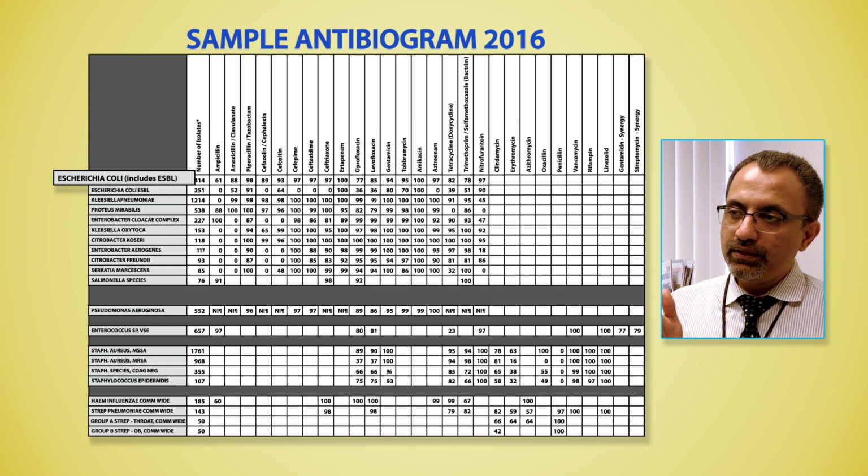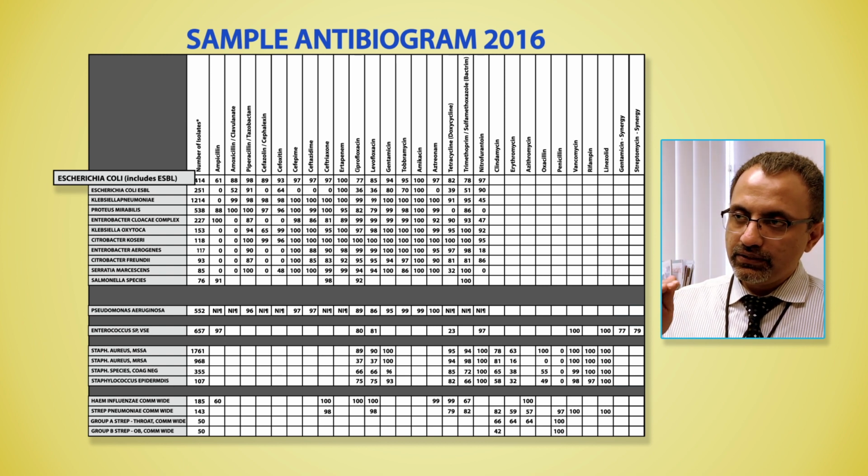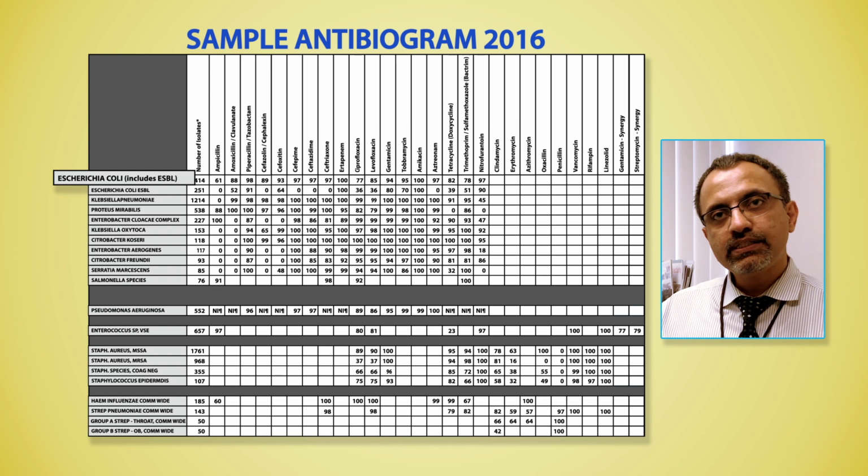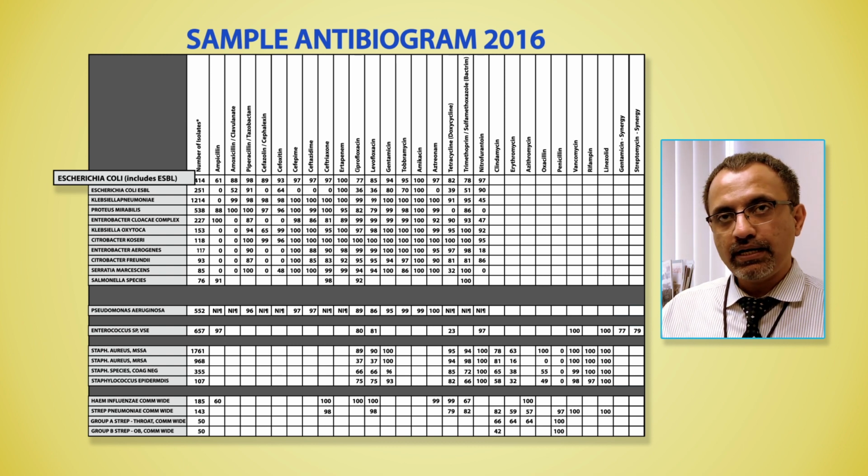So when you go down in your antibiogram to the row which says E. coli, you look at the columns for the most common antibiotics used, which include ciprofloxacin, Bactrim, nitrofurantoin, cephalexin, or other cephalosporins that are being used in your antibiogram.